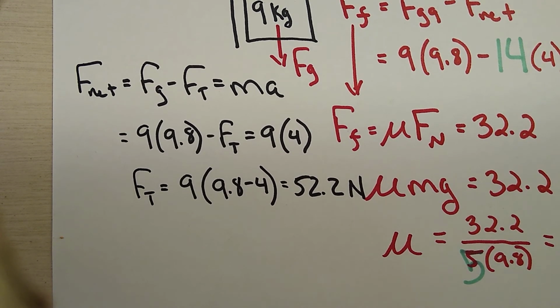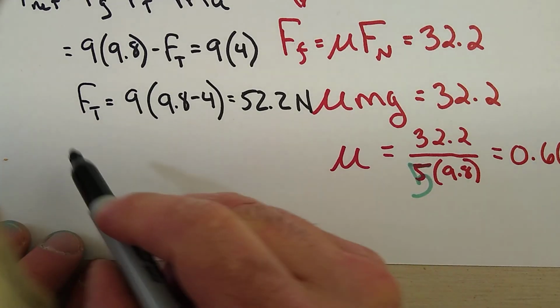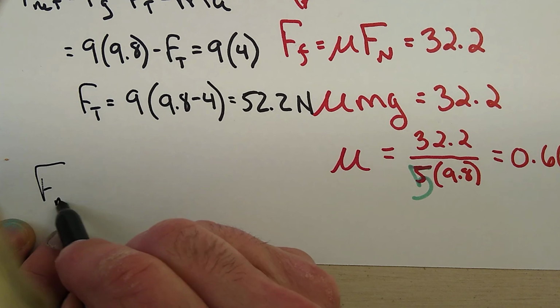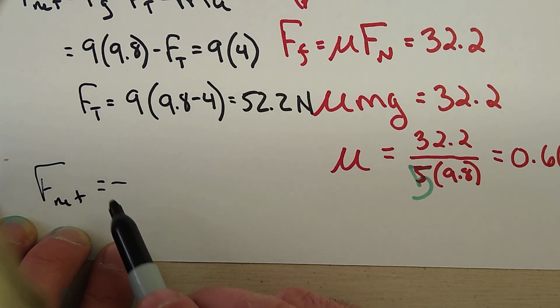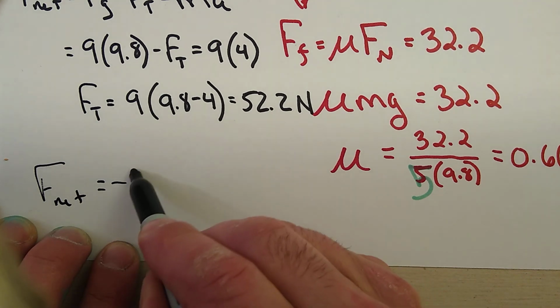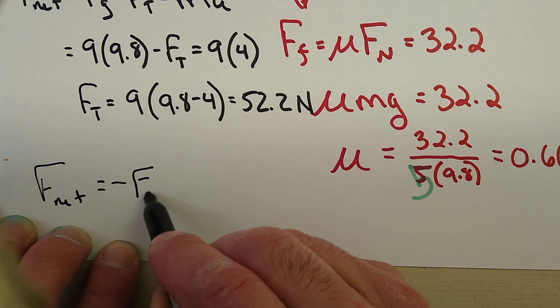Now, I just want to do one last thing. If that is true, and we know all the forces now acting on the 5 kilogram mass, we should be able to set up an equation that is a true statement. So let's do that. On the 5 kilogram mass, we know that the net force is going to be due to the frictional force pulling one way. We already said the frictional force is 32.2.